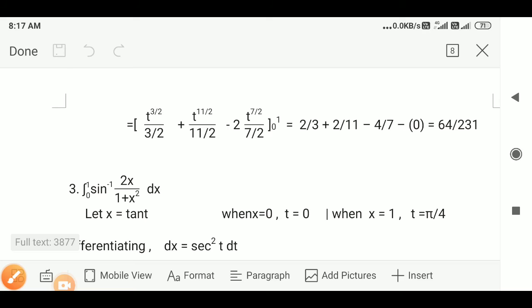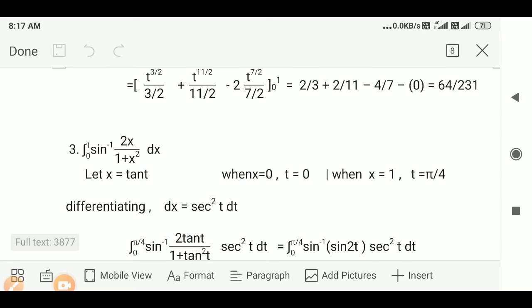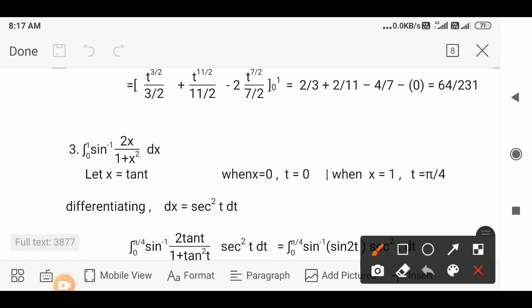Now there is another question: integral 0 to 1 sin inverse of 2x upon 1 plus x square dx. So you have to put here x is equal to tan t. Now what will be the limits? When x is 0, t will be tan 0, tan 0 will be equal to 0, and when x is equal to 1, t will become pi by 4.